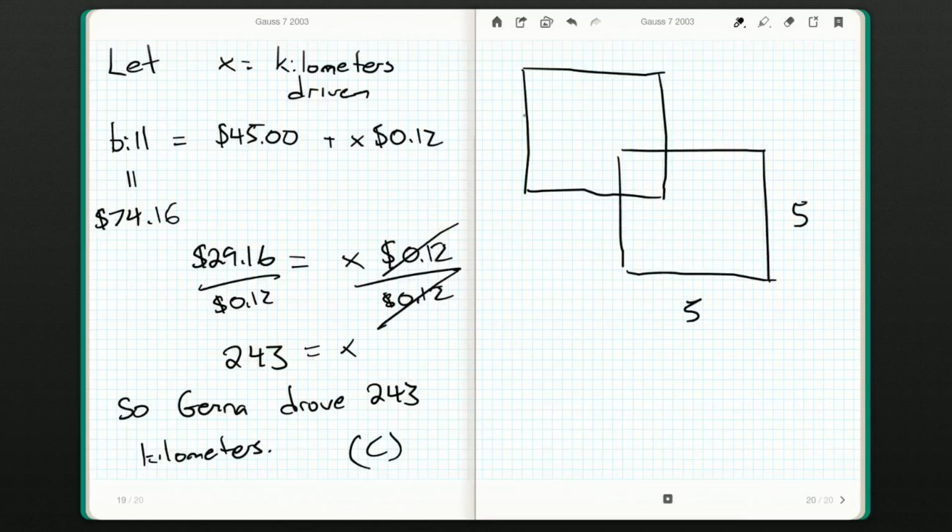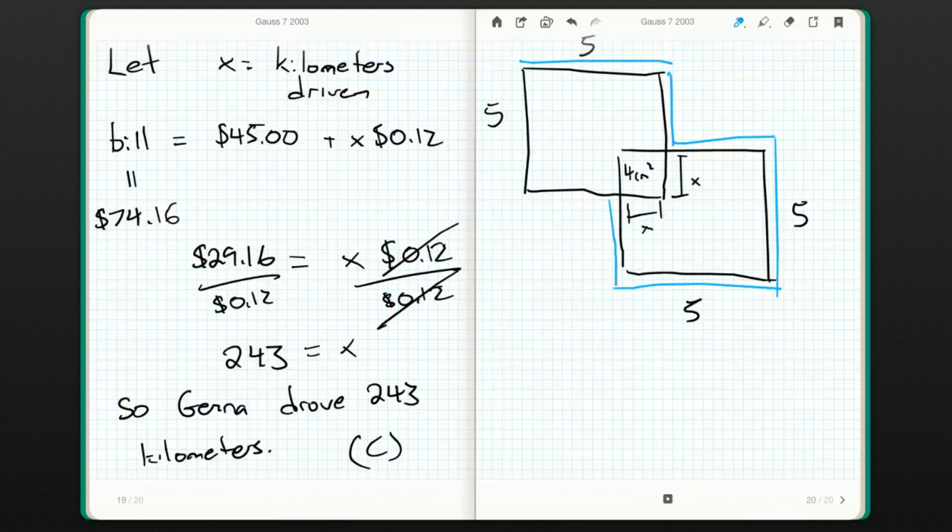So 5, 5, 5, 5, and we've got something that's 4 centimeters squared here. I don't know what this side length is, but I do know it's the same in both places, and I'm going to call it x centimeters. Now the question's asking us for the perimeter of the shaded figure. So the perimeter I'm going to highlight in blue, just so we know what we need to figure out.